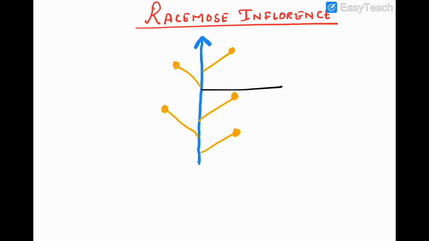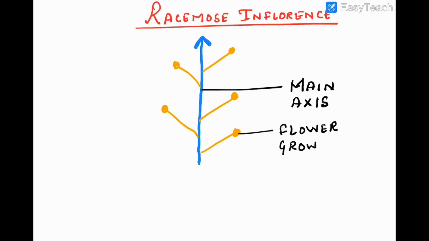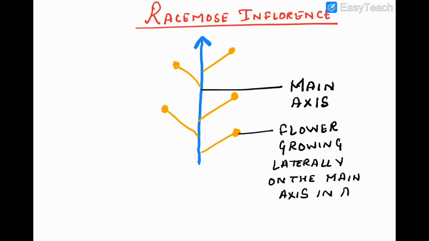This is the main axis, which is continuously growing, and these are the flowers which are growing laterally on the main axis in an acropetal manner.